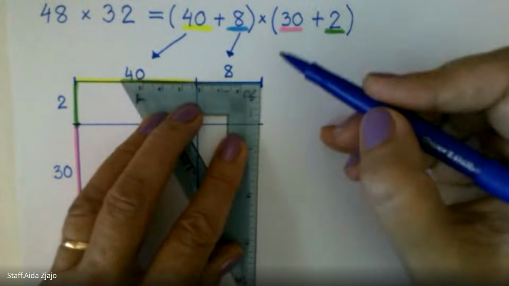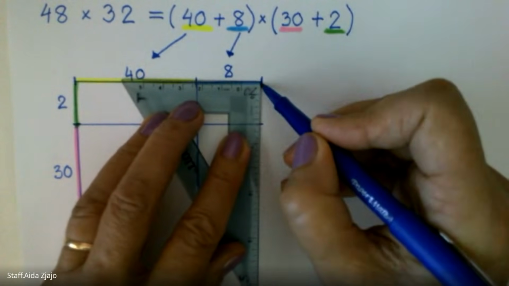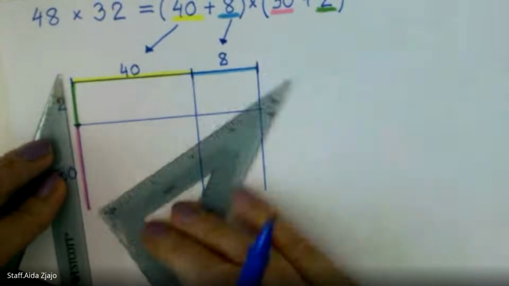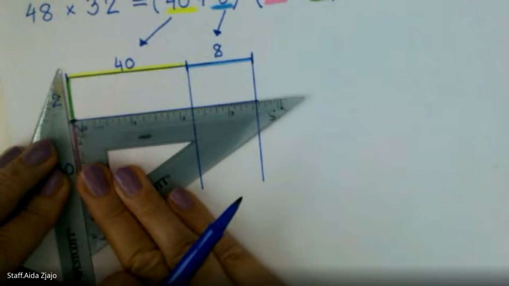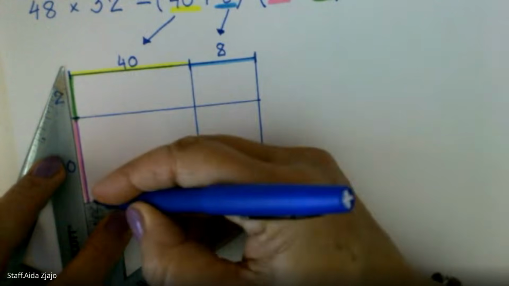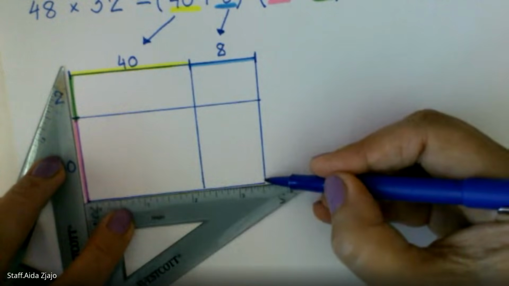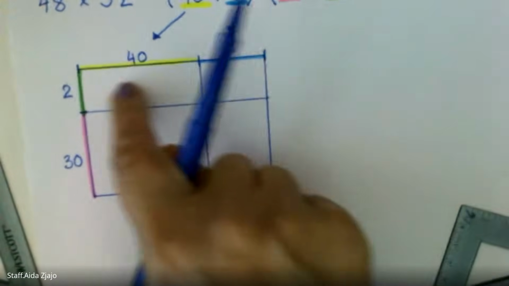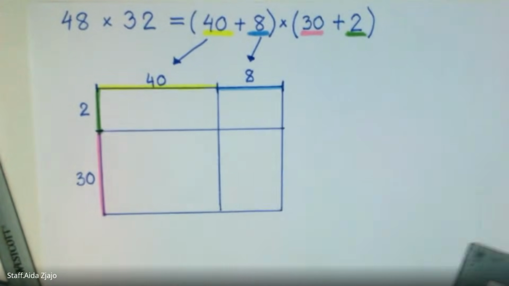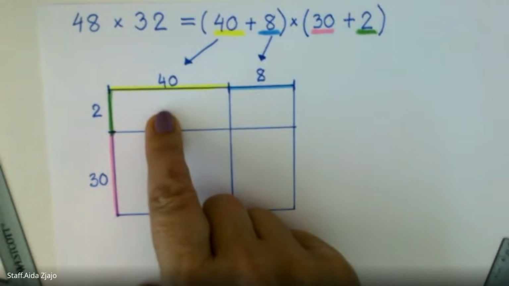So now I'm going to also close those areas. I can use my other triangle to make perfect rectangles. So here they are, and I created 4 areas: 1, 2, 3, 4. These are the distributive parts.